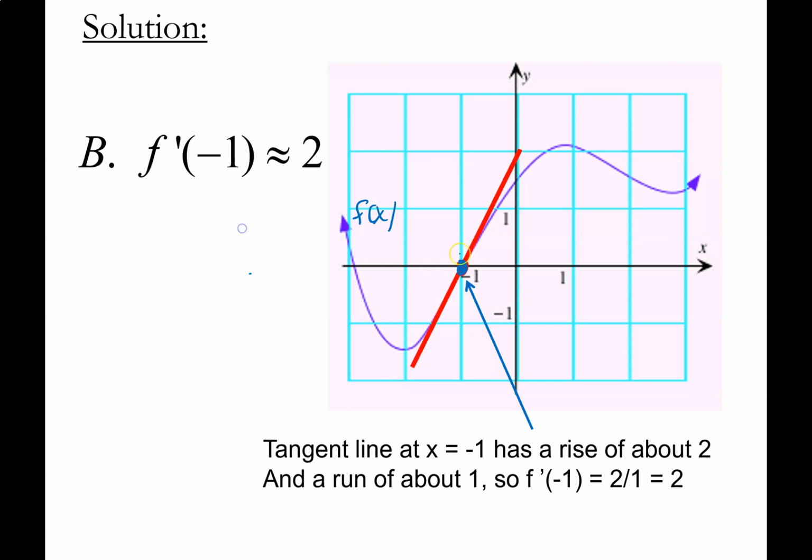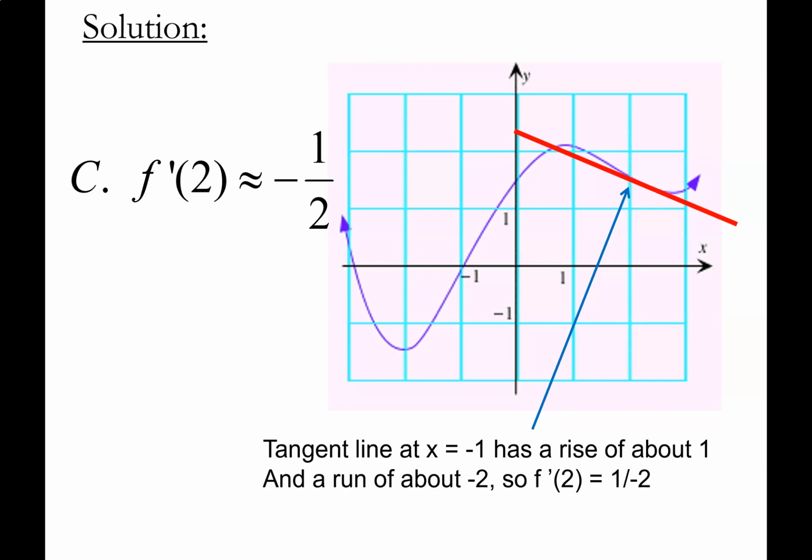Once I get it drawn, I see that it goes up 2 and over 1. And the last time I checked, if I'm doing a rise over a run and it goes up 2 and over 1, that slope is 2. Now again, I put approximately 2 because you're constructing that tangent line, and you may not construct the perfect tangent line. So it's okay to say that that's approximately.